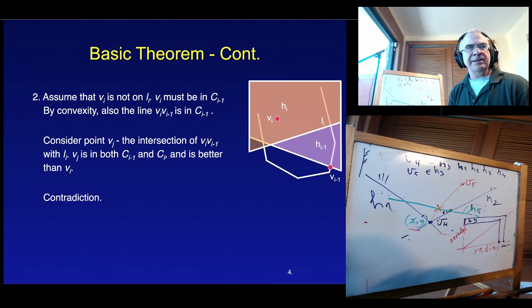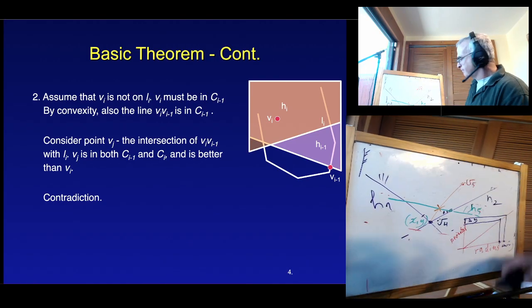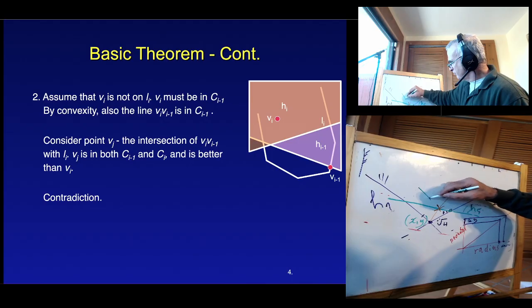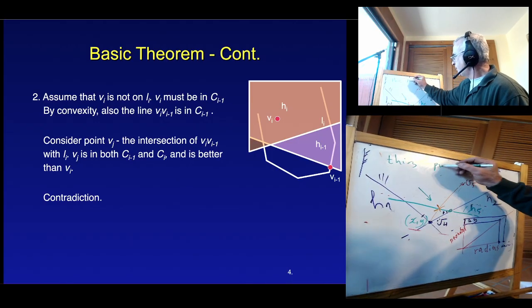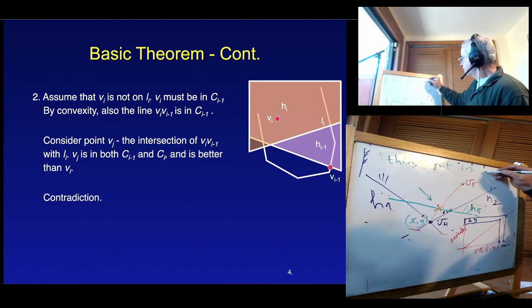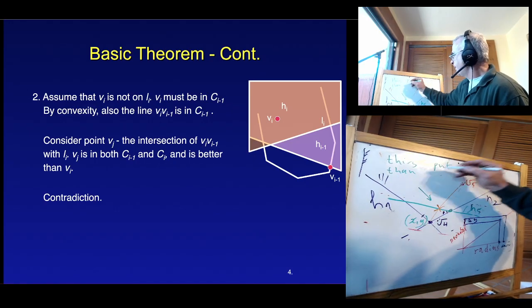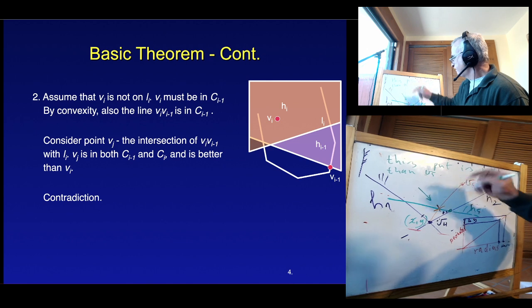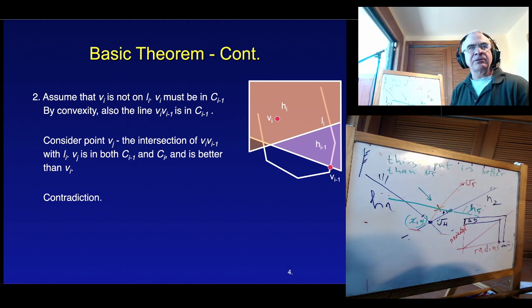We contradicted that this point is better than V5, and is legit. It satisfies all the half planes. So what did it contradict?